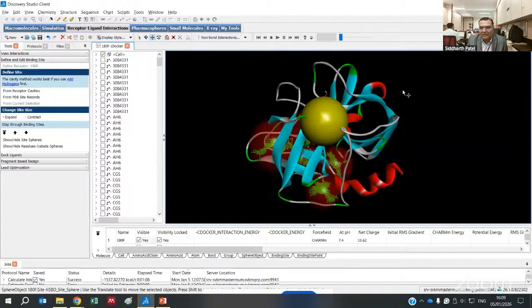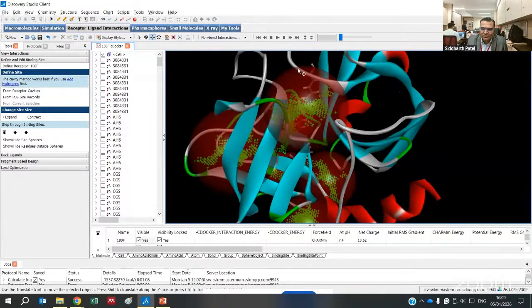If I deselect the ball, you can clearly visualize the loops. You can see the loops here. So this is one loop, and this one, the green one, is the second loop. So both the loops are available in this region.